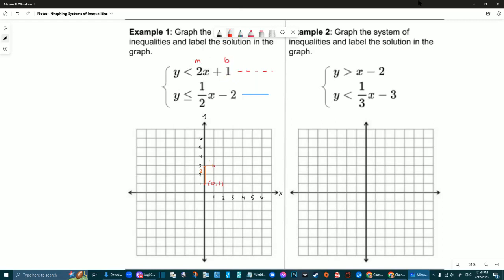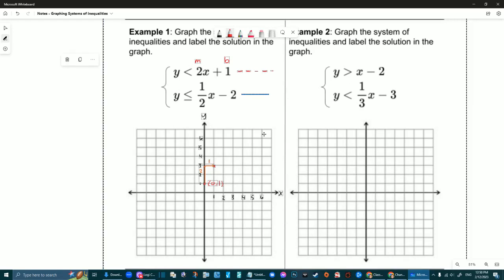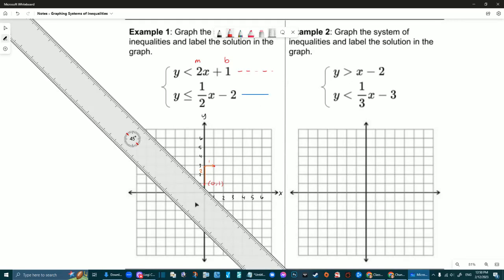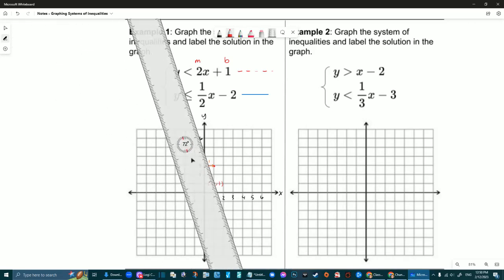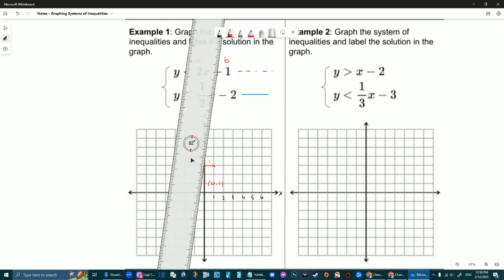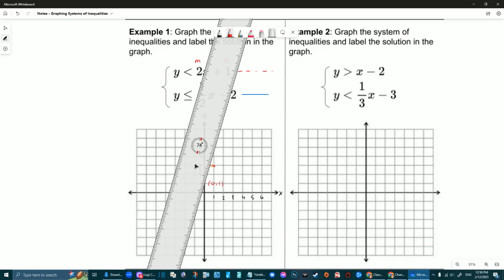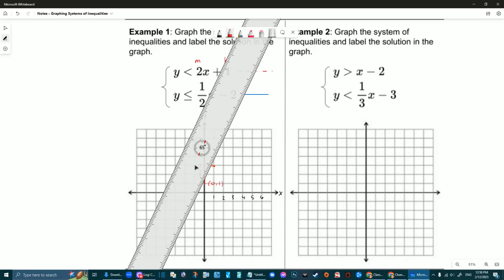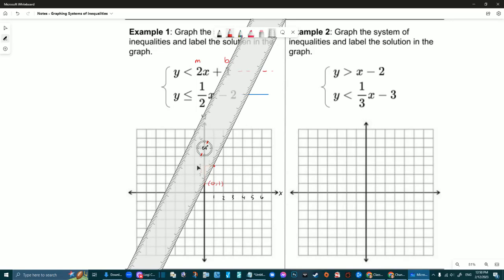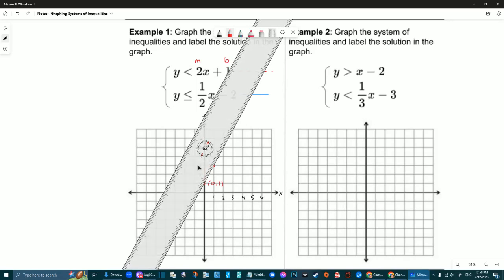And we're going to go ahead and grab our ruler to play connect the dots. That looks pretty good to me. I'm going to go ahead and draw that line all the way across my graph.